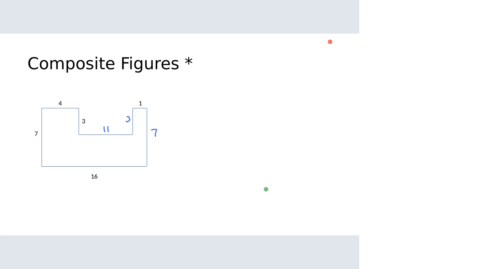Okay, now we need the perimeter of this, and we're going to have to add up all those sides. You could start anywhere. I tend to put myself at the top left and imagine myself walking around. And let's see, that's 4 plus 3 plus 11 plus 3 plus 1 plus 7 plus 16 plus 7.